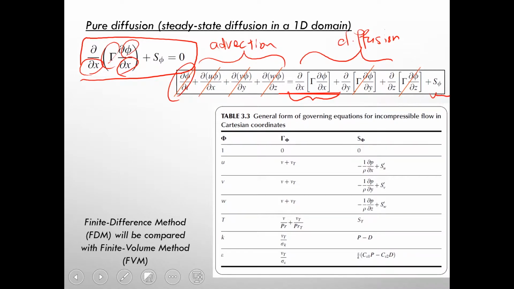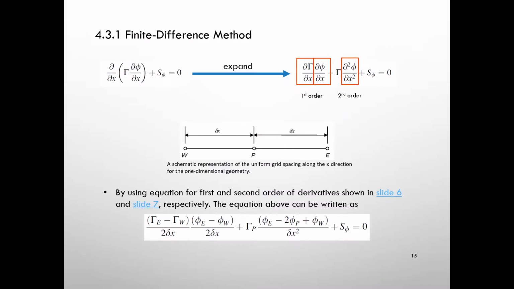Okay. We are going to compare the discretizations using the finite difference method and the finite volume method. First we go into the finite difference method. So the first step in developing a numerical solution involves dividing the geometric domain into several nodal points.